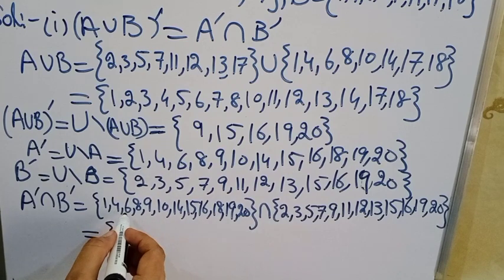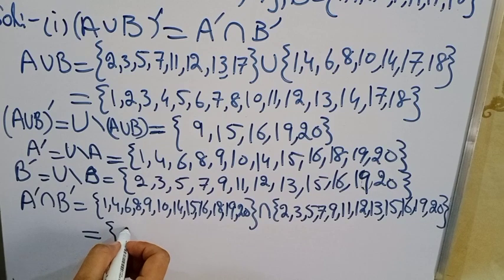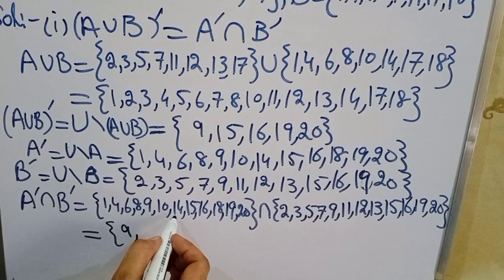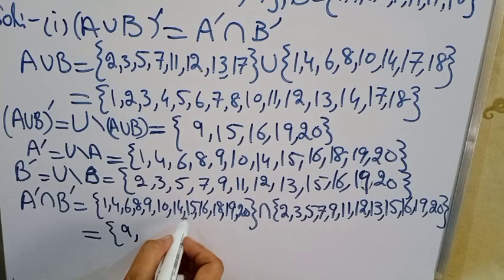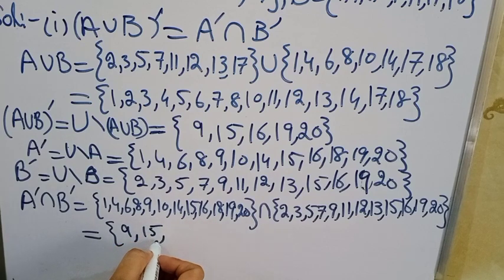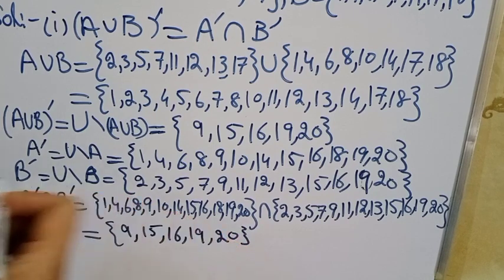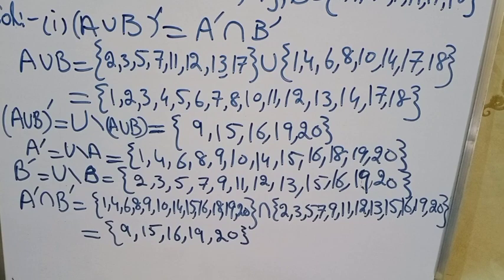Similarly 3, 5, 6, 8, 9. 10 is not common, 14 is not common, 15 is common. So we write it here, 16 and 19 and 20. These are the common elements in both sets. So we write it here in this set.